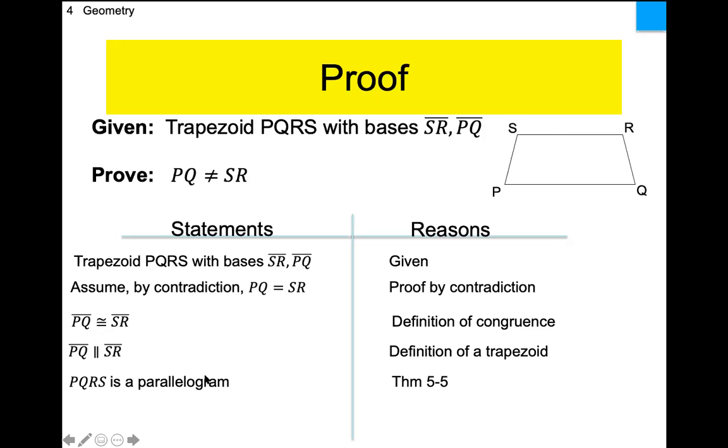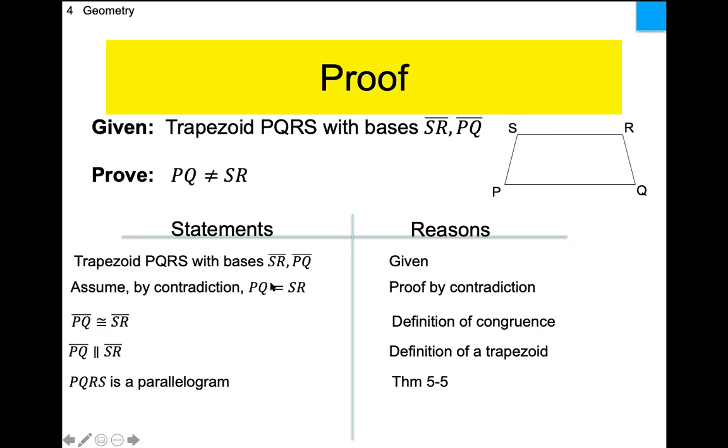Once again, we have a quadrilateral, a trapezoid, right? If two sides are both congruent and parallel, then it's got to be a parallelogram. Can you see the contradiction here? We know that PQRS is a trapezoid, yet we just proved that it's a parallelogram. That can't happen, right? Why did that happen?